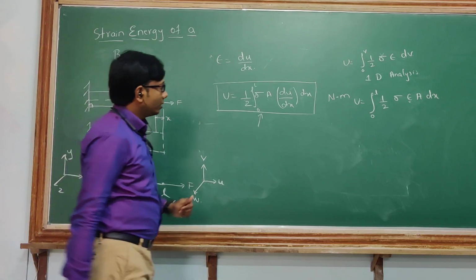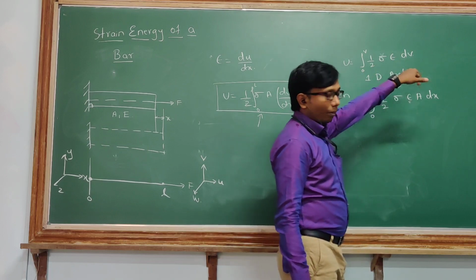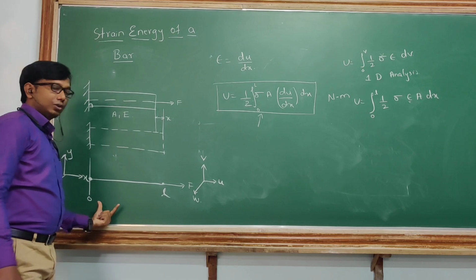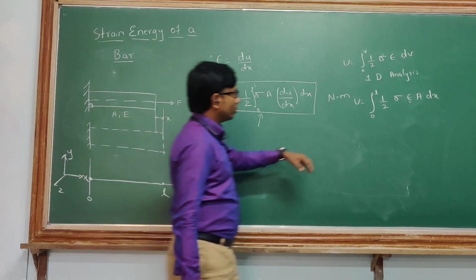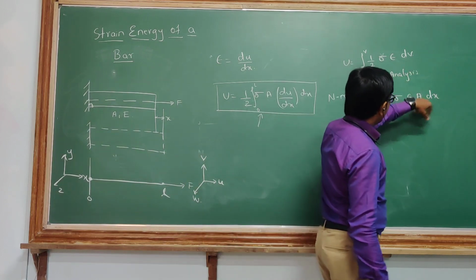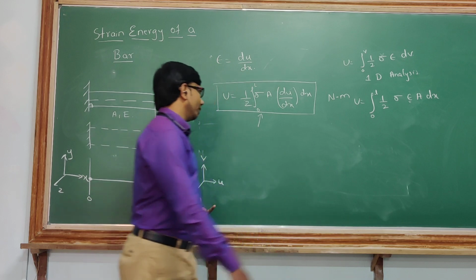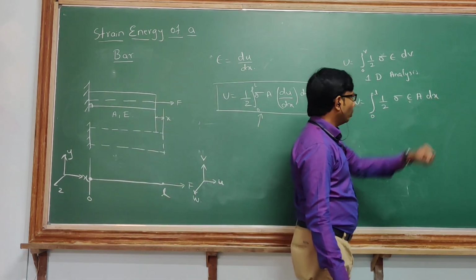As we had calculated the strain energy with respect to volume, but we have to do the analysis one dimensionally, we assumed the area to be constant, and the change is only in the length parameter. So we integrated from 0 to L with respect to dx.